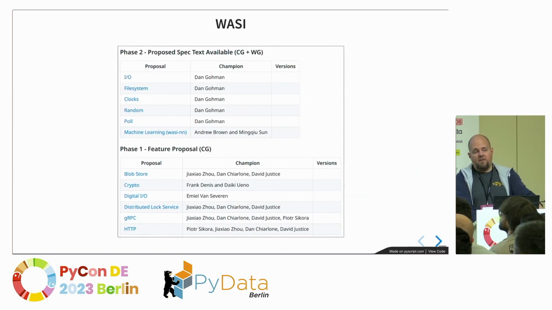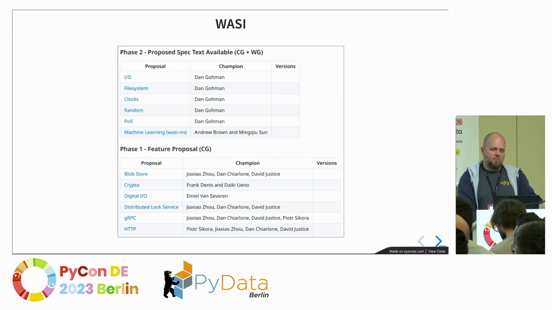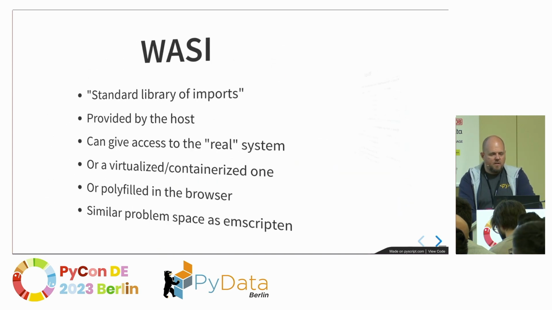WASI contains many parts, and for example, a host can decide to support only some part or only some other, depending on what the user module needs, or the user module can request certain capabilities and things like this.